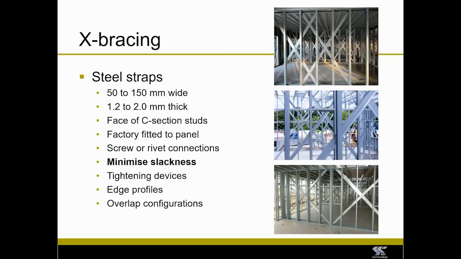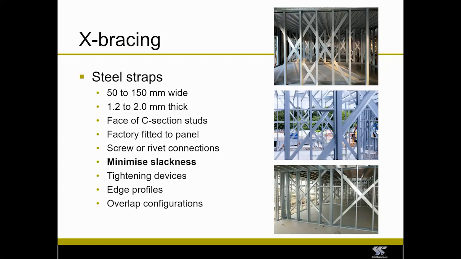So the X bracing itself is typically flat strap. The edges of the straps may have slight profiles to try and keep them straight, because one of the main things with the flat strap bracing, or the almost flat strap bracing, is to avoid any slackness between the vertical studs when it's fixed.